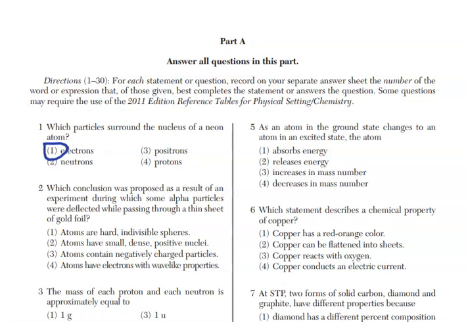That the atom is comprised of mostly empty space, which would mean you'd have a lot of alpha particles going through the foil, and the other was the deflections were the result of atoms having a small, dense, positive nucleus. Now, why positive? Well, alpha particles themselves are positive, and the nucleus being positive, when you have like charges, they're going to repel. And our answer here for question 2 is choice 2.